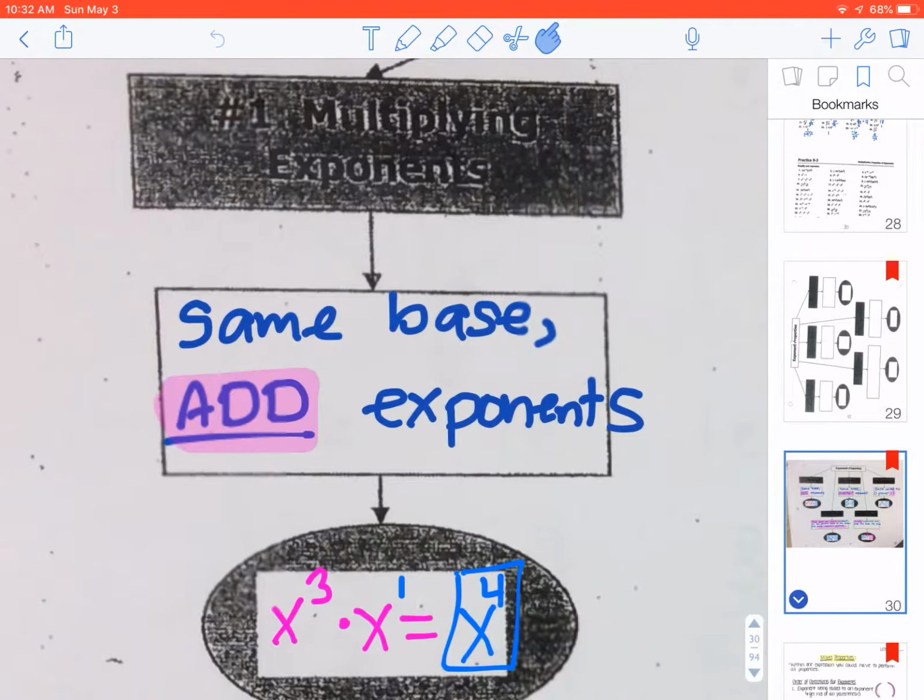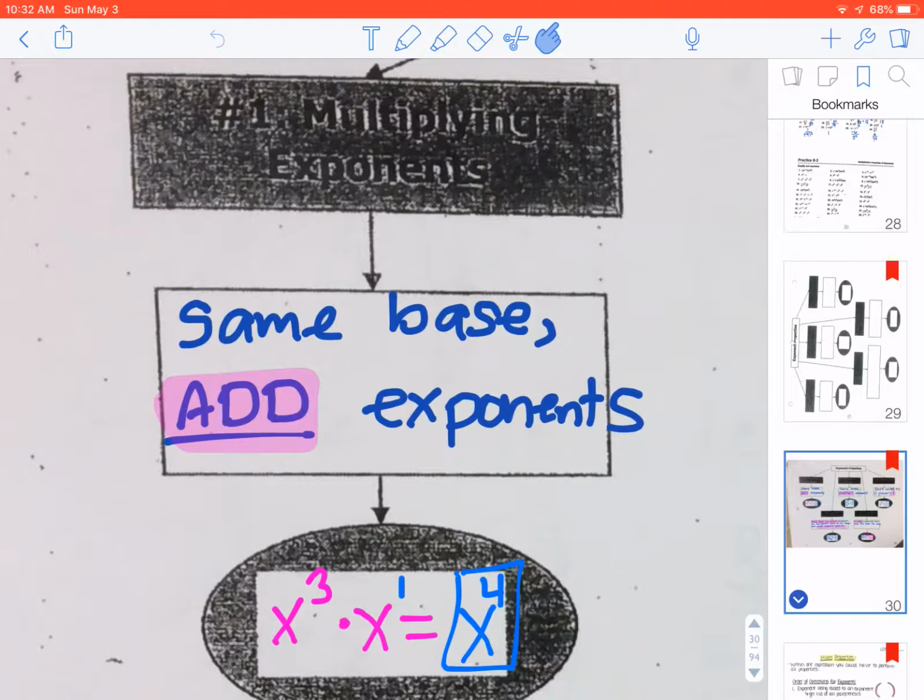Okay, so for example, property 1, when you multiply exponents, when it's the same base, you're gonna add them. So when you pause your video, you would write down for property 1, when it's the same base, you add the exponents. And then make an example. You may use the ones that I have, or you can come up with your own.